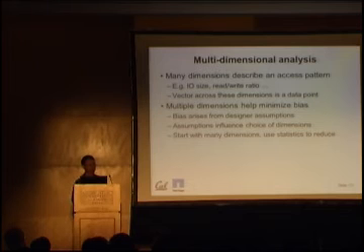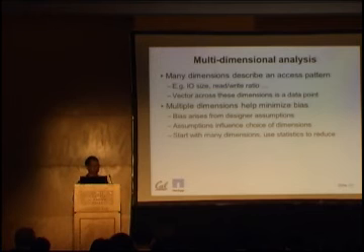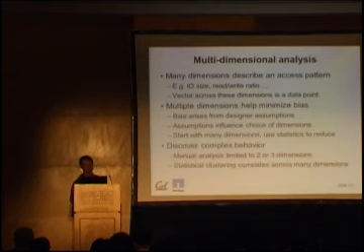So the way we attempt to resolve this is to start with many ways of describing an access pattern. And then we use standard statistical methods to help us reduce the dimensions and identify which ways of describing the system actually matter. Doing so allows us to discover complex behavior.